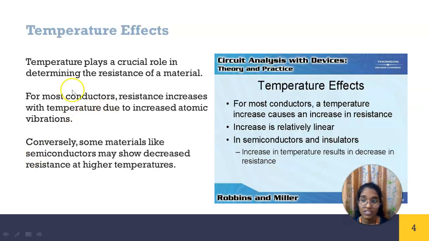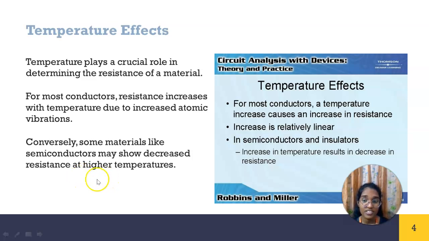And temperature effects. Temperature plays a crucial role in determining the resistance of a material. For conductors, resistance increases with temperature due to increased atomic vibrations. Conversely, some materials like semiconductors may show decreased resistance at higher temperature.